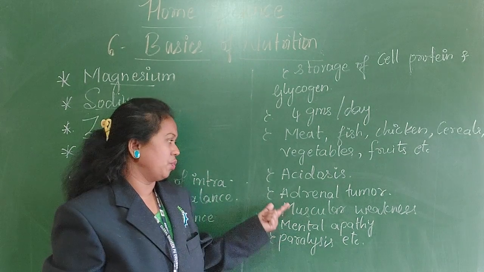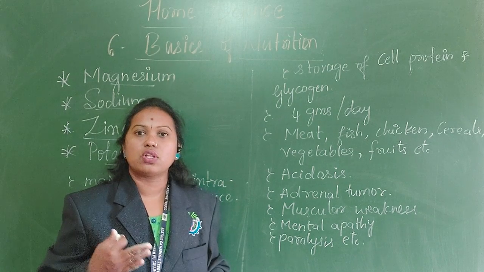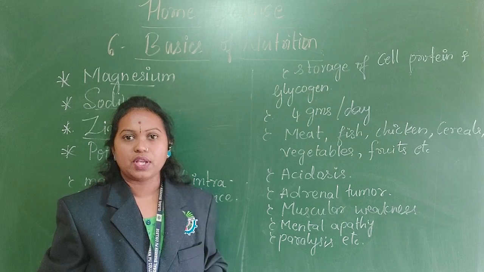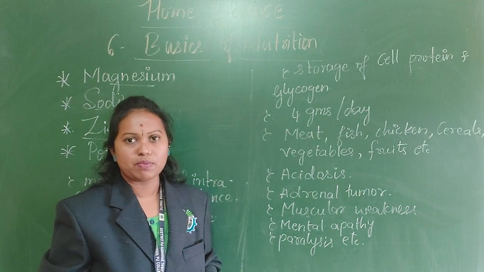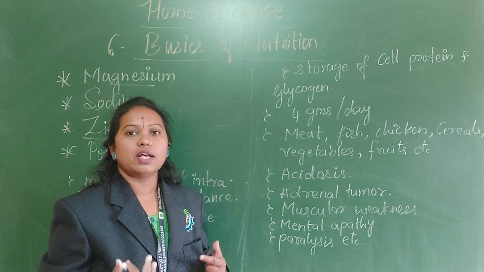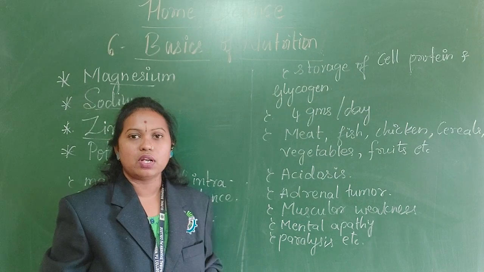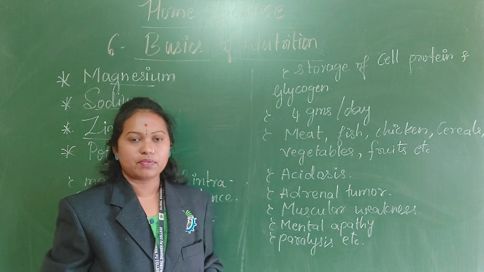The adrenal tumor: adrenal tumors are nothing but cancerous or non-cancerous growths on the adrenal glands. And muscular weakness will be there, heart related problems will be there. Heart related problems means the heartbeat will be irregular, that is too fast or too slow.